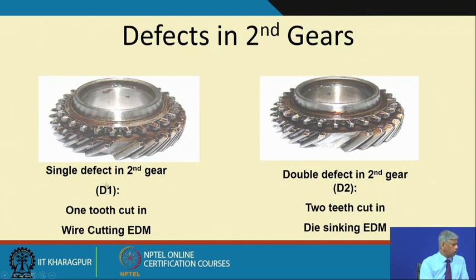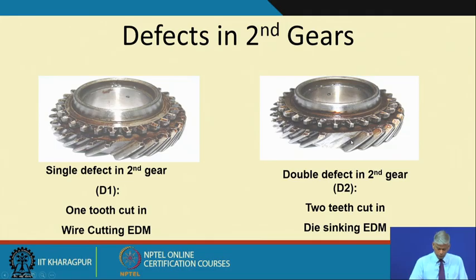We call D1 one tooth removed from the gear. We used a wire cutting EDM to remove the tooth, and D2 is removing 2 teeth, and of course, D0 is no defect.